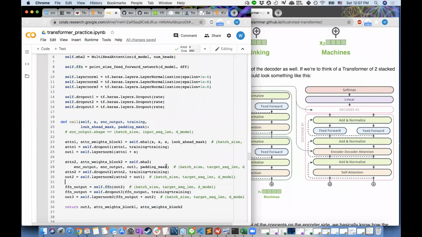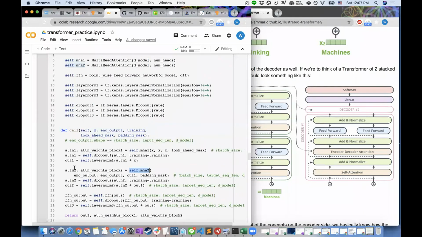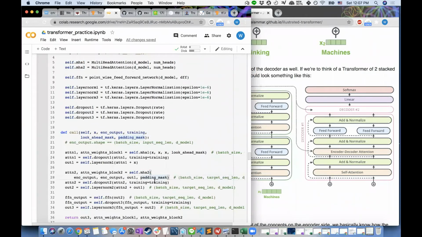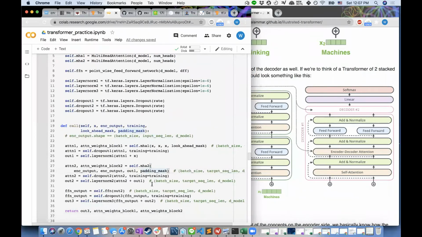You will see here this is still calling self.mha2. Yeah, but it's not self-attention because you are getting the key and value from the encoder output. Okay, so yes, in that way, technically it's not attending to itself. You're right, but it's calling the multi-head attention class. Yep, we are reusing the same functions.